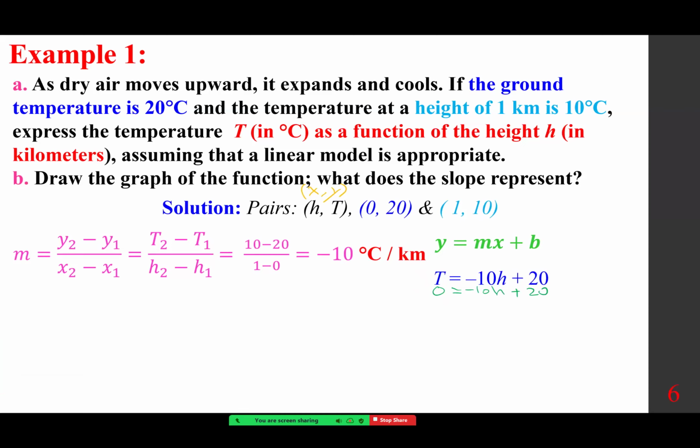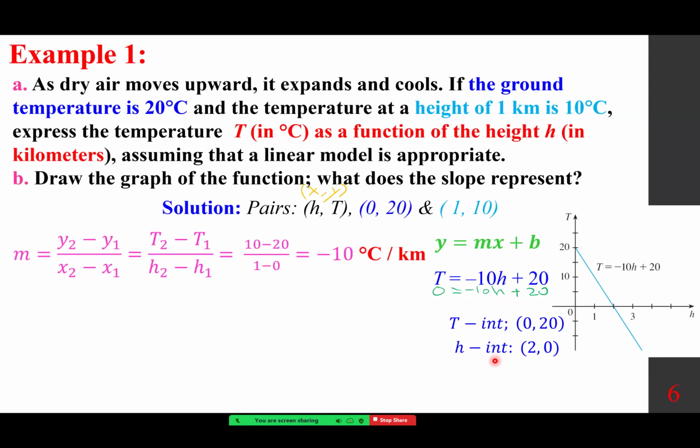So at the height of 2 kilometers, the temperature is 0. So we have these two pairs, again (0, 20). We already have it, and it's been given. And we just calculated the x-intercept. We're going to call it the h-intercept.